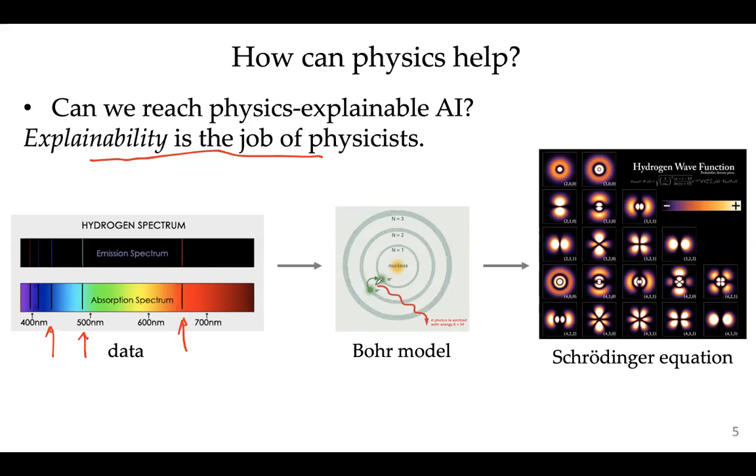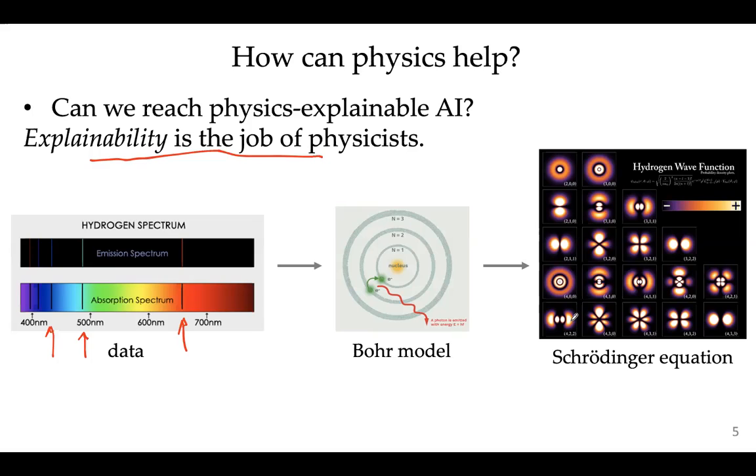So that explains the data to a certain level. That's an explanation, but now we know that this is not completely correct because it doesn't explain certain fine details of the data.